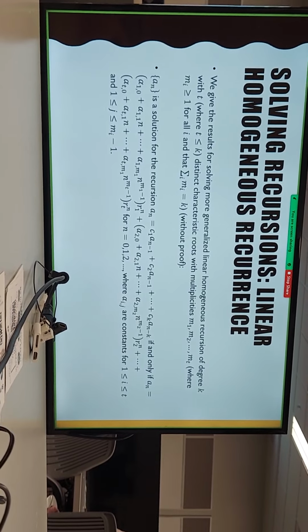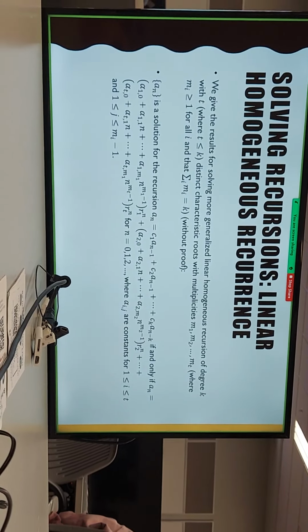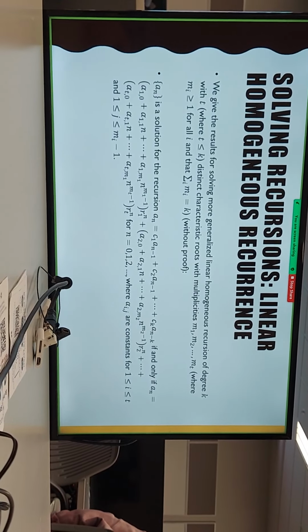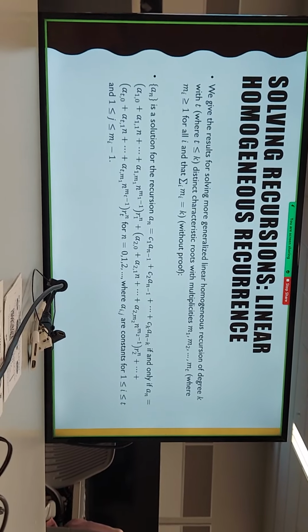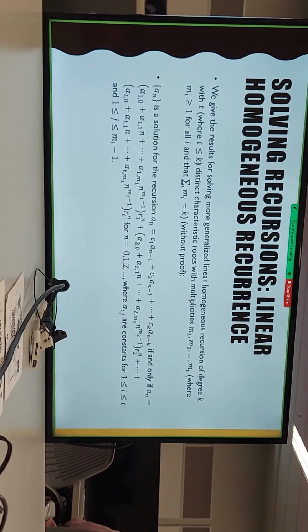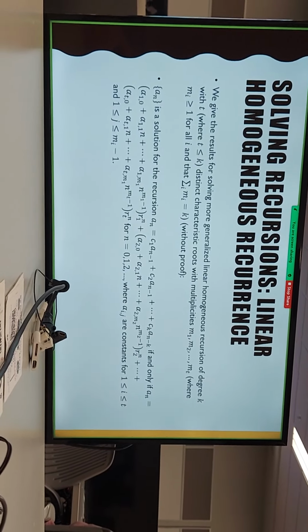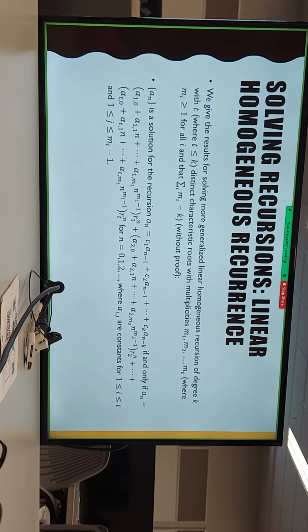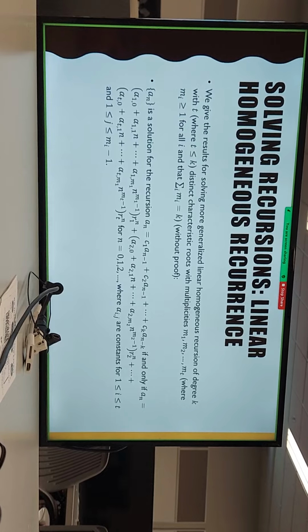I won't be testing any cases with more than two. It's hard to solve a degree 3 equation, not to mention degree k. So this is just for reference if you need them in the future. Let me let you know that there's a way to solve this generic form, but I won't test the generic form in the exam. But I do reserve the right to test degree 2.